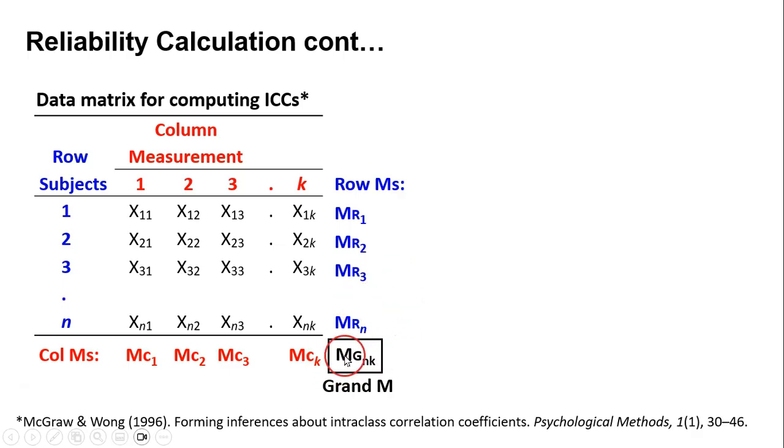You would get the grand mean. So this is going to be our setup to compute those variance components that we need to calculate the interclass correlation coefficient to get the reliability.